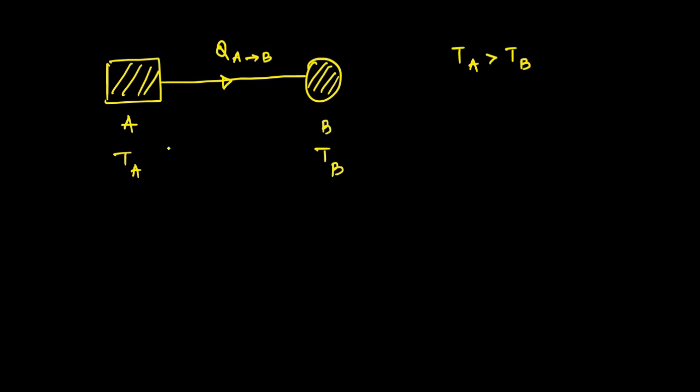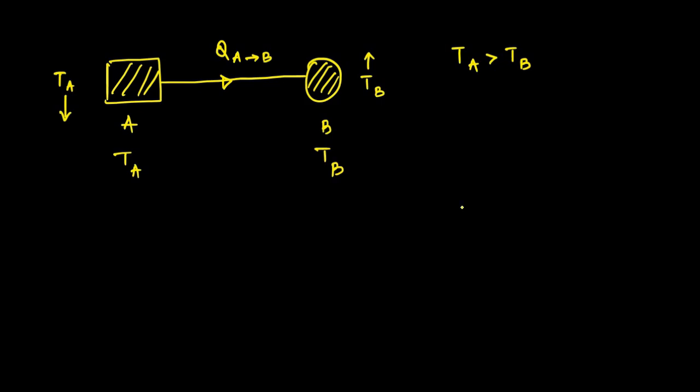Okay, so as a result, as heat flows out of A, the temperature TA will drop, and as heat flows into B, the temperature of B will rise. So where will it stop? At a middle temperature. So the interesting thing about equilibrium temperature is that the temperature TA will decrease and temperature TB will increase.